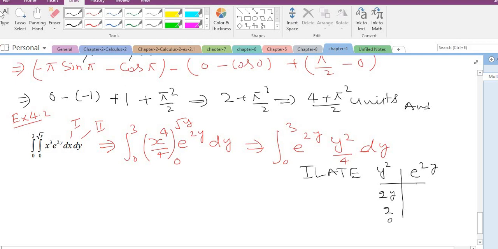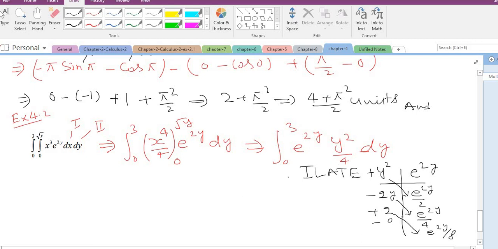It means we need to integrate 3 times. So e power 2y divided by 2 first, e power 2y divided by 4 second, and third e power 2y divided by 8, and then multiply, change the sign plus minus, and multiply this by this one, this by this one, and this by this one.